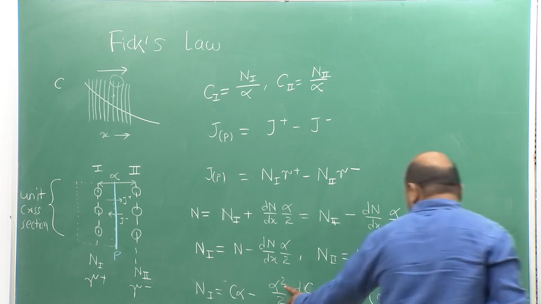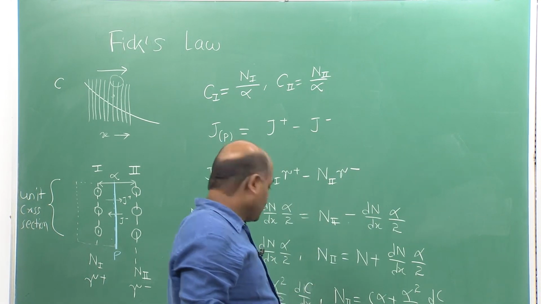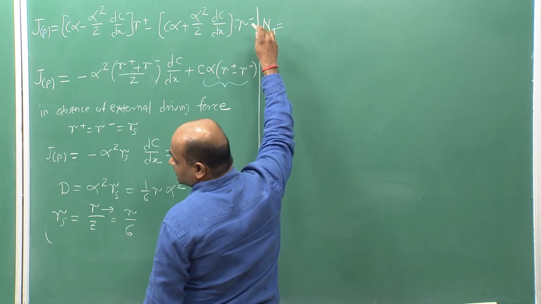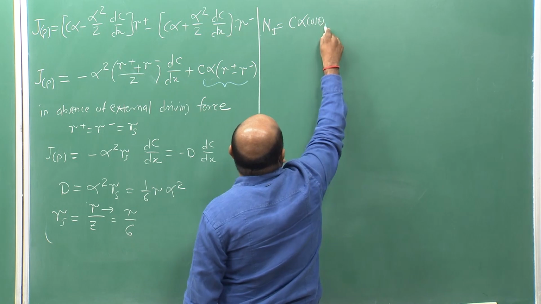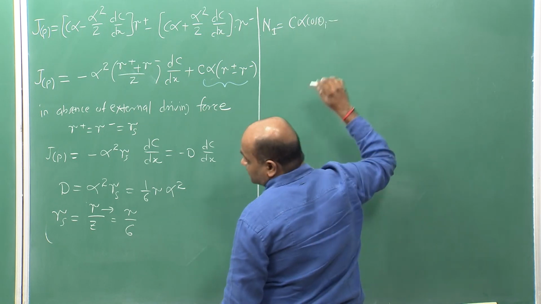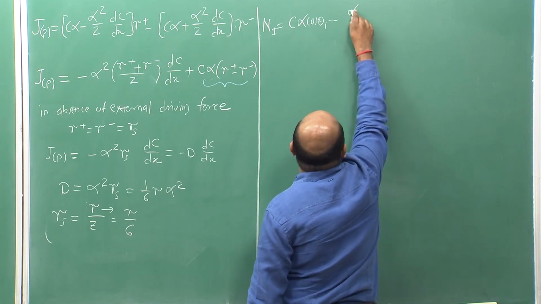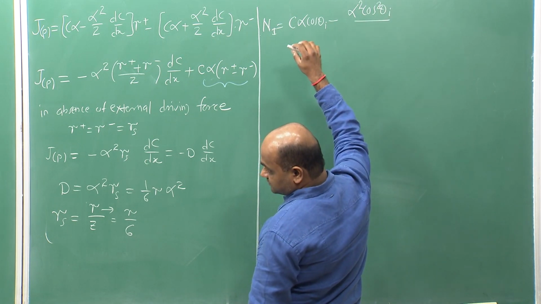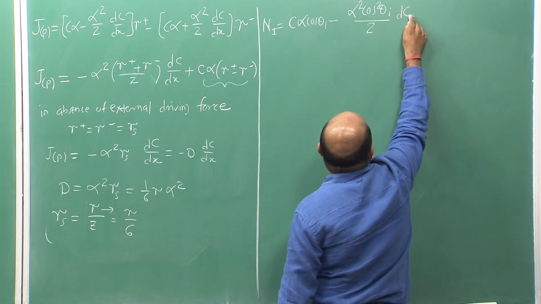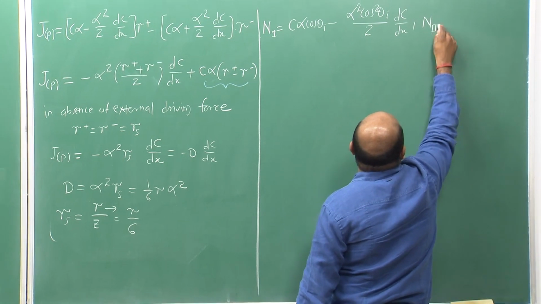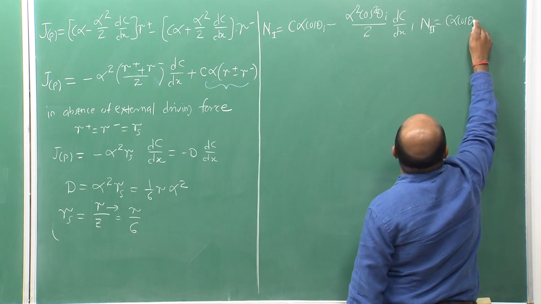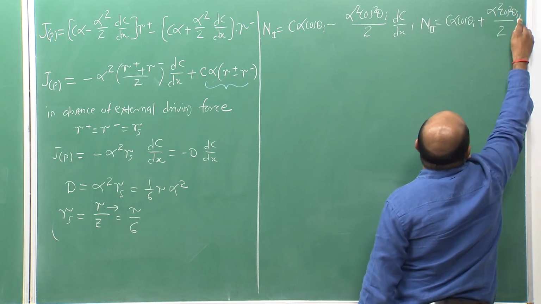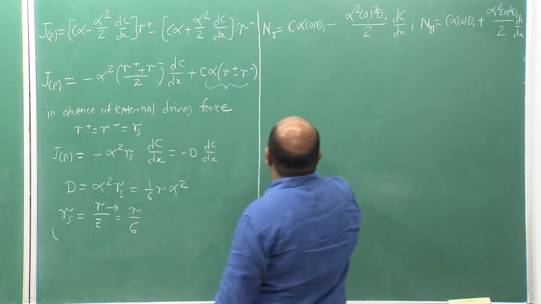Instead of alpha, I will have to use alpha cos theta I. So, N1 will be C alpha cos theta I minus alpha square cos square theta I by 2 dc by dx, and N2 will be C alpha cos theta I plus alpha square cos square theta I by 2 dc by dx.